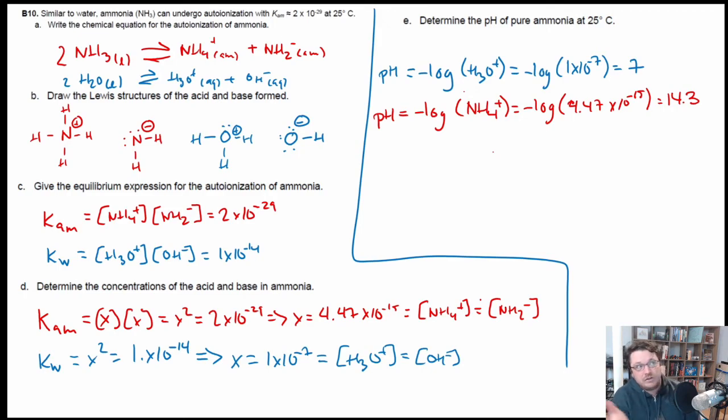But you can go through and do a very similar problem, where I can say, I'm going to dissolve these other species in pure ammonia, and then you could figure out what the Kas are in ammonia. When you go into orgo, that's going to become very important because a lot of organic reactions do not happen in water, but you still have to understand what pKas are and how pKas can change and shift if you're in different solvents.